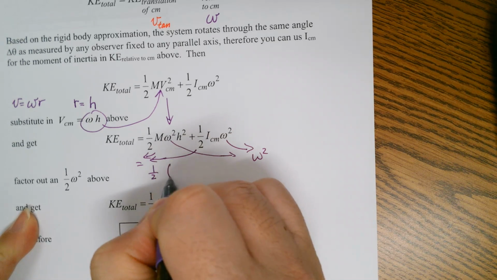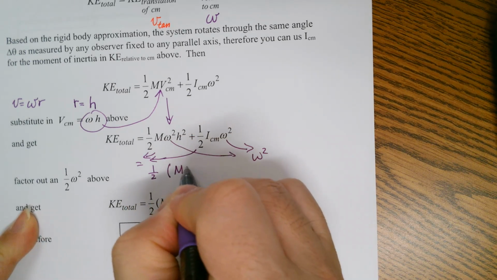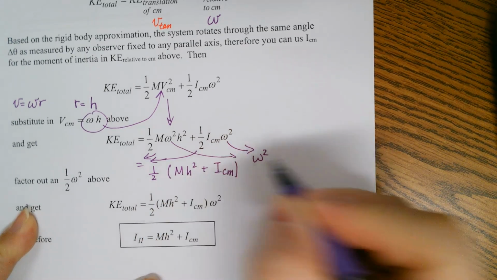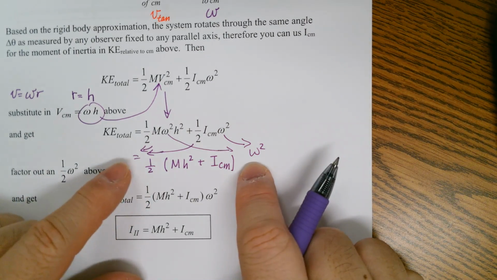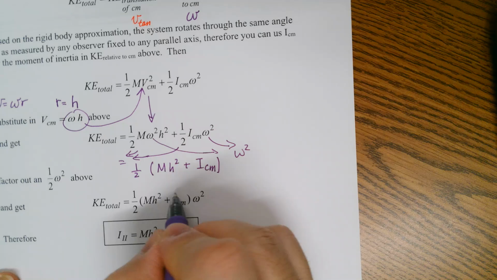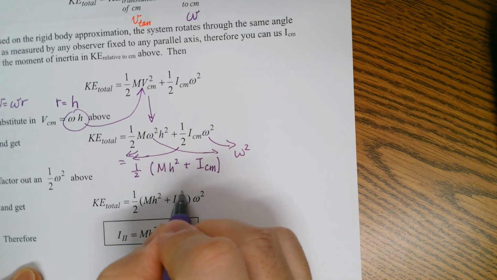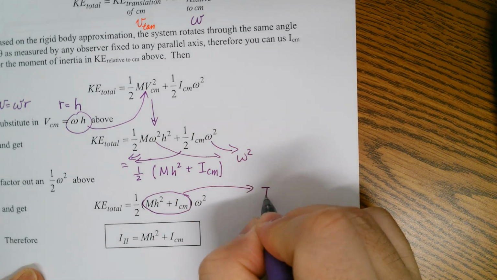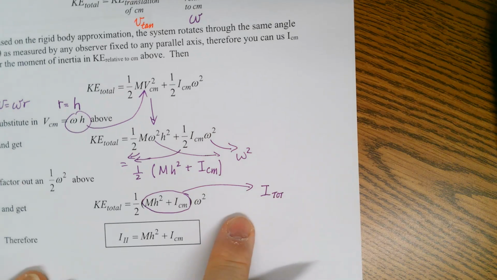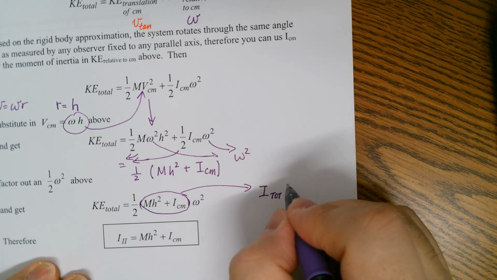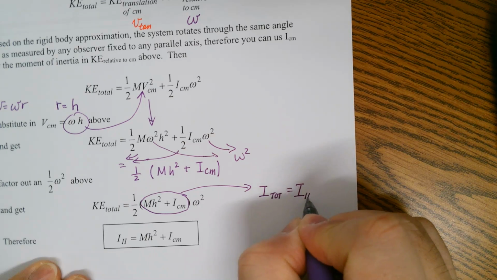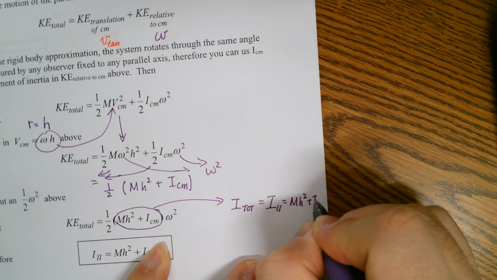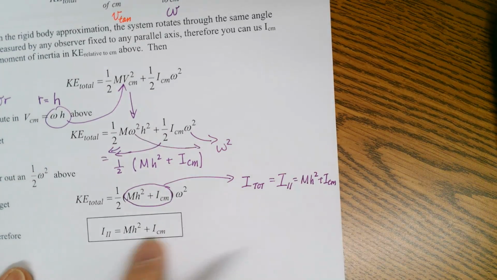So what we have is m h squared plus I sub Cm. So this becomes the total moment of inertia, which is the parallel axis theorem. And that's how we get that.